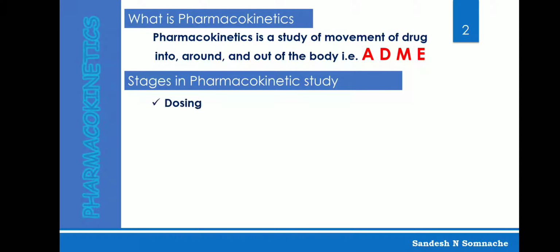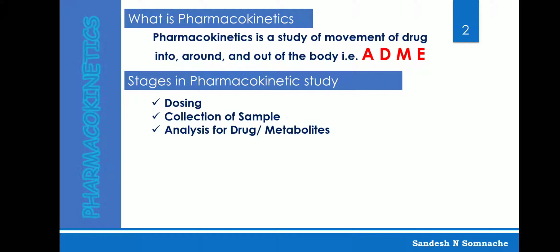Various stages involved in a pharmacokinetic study are dosing, collection of samples, that is either urine sample or blood sample, analysis of drug and metabolite in the collected sample, and analysis of collected data.